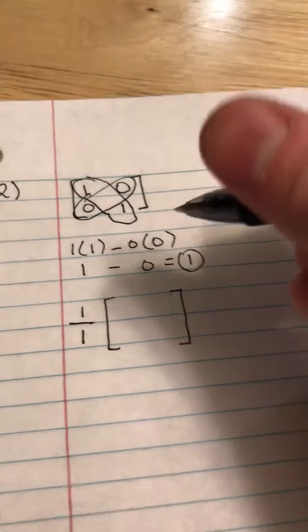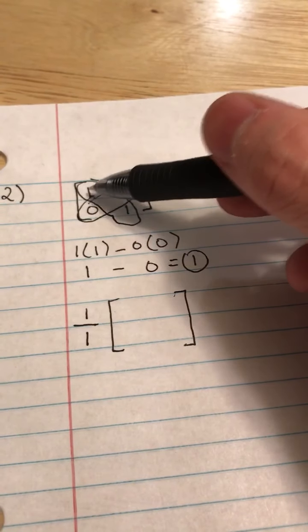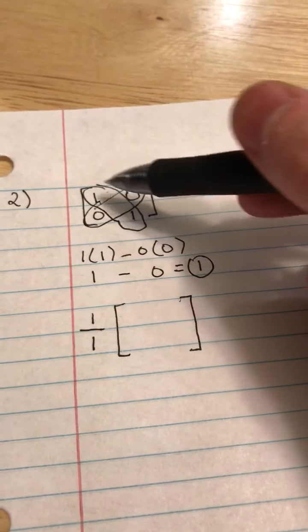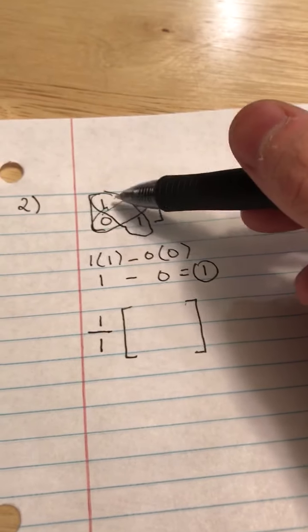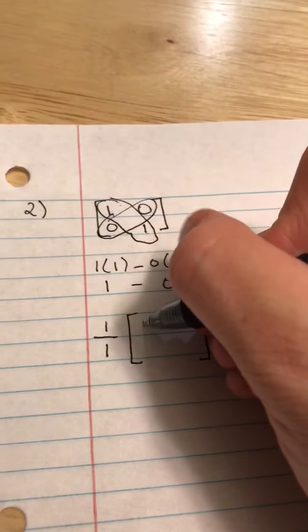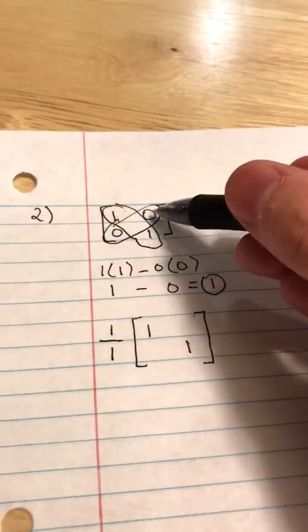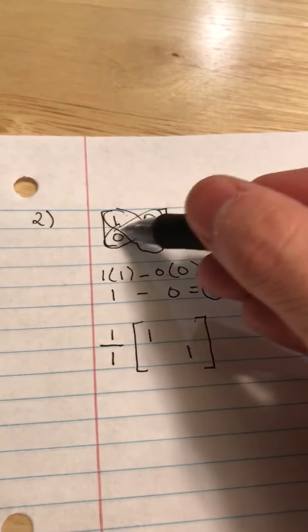Alright, so what's the new matrix going to be? Well, if I switch the main diagonal, if I swap these two out, since they're the same number, I'm still going to get 1, 1. For the next diagonal, remember, I'm not switching this diagonal.